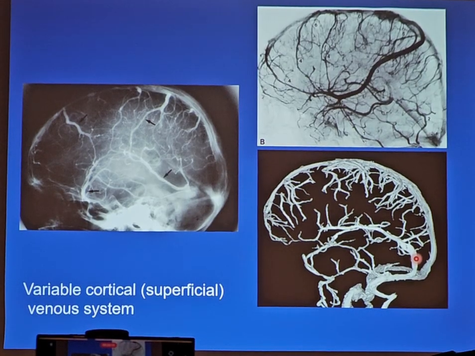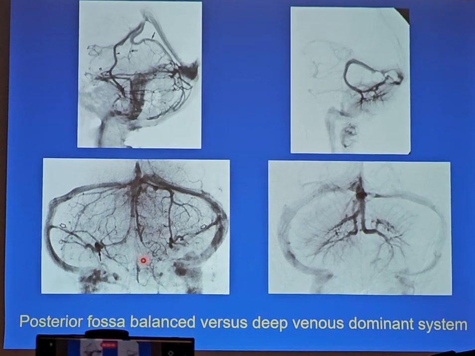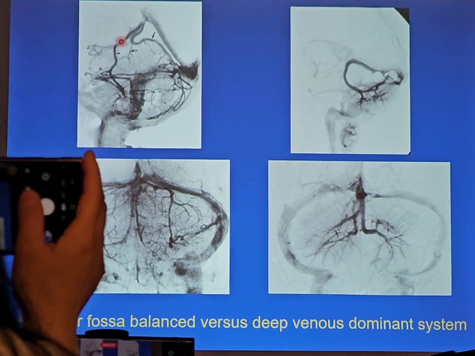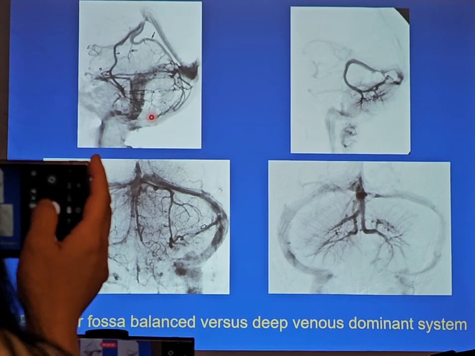possibility for venous anastomosis. At the posterior fossa level, you can see a very nice petrosal venous system draining the deep venous structures, as well as the vermian vein venous system, all nicely shown and in balance with each other.